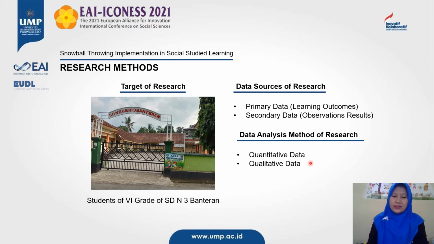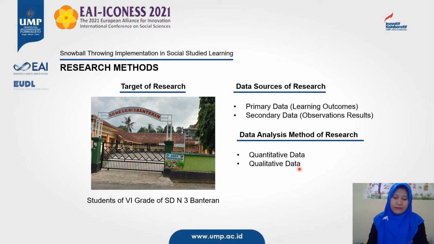The quantitative data use a comparative descriptive analysis, comparing the initial condition values, the test score after the first cycle, and the test score after the second cycle. At the same time, the qualitative data is found in the results of the observation and reflection from each cycle.